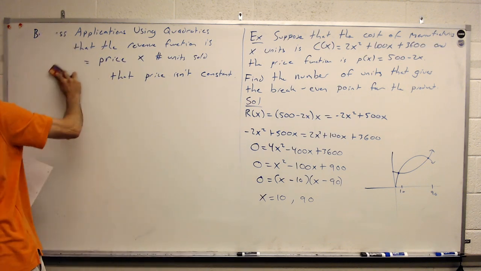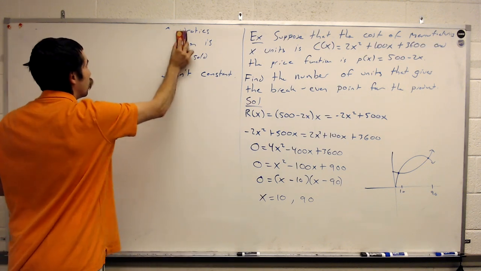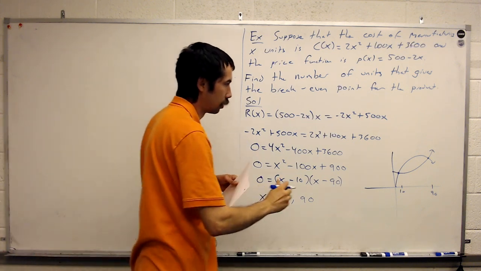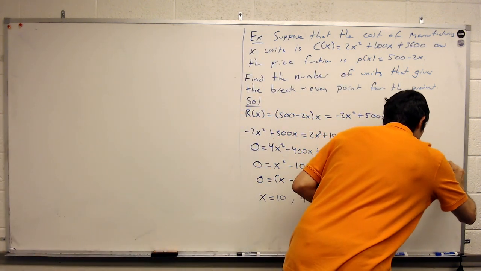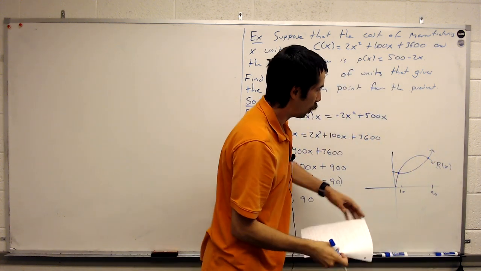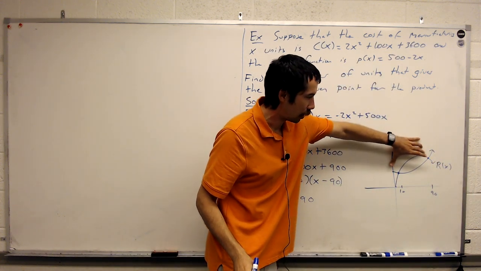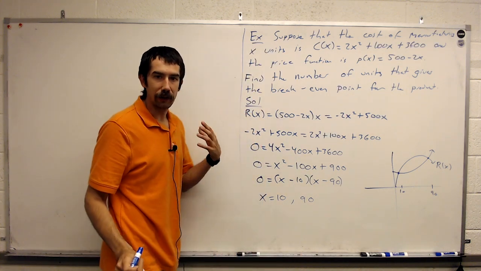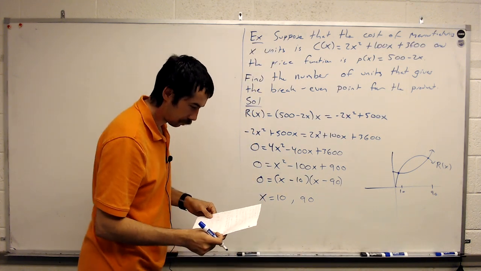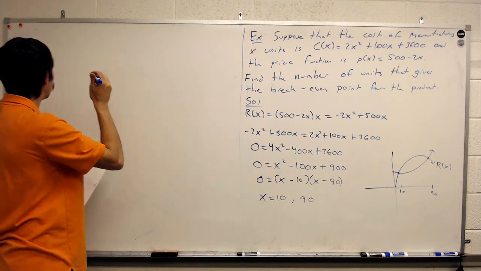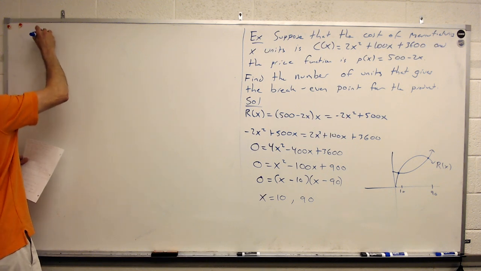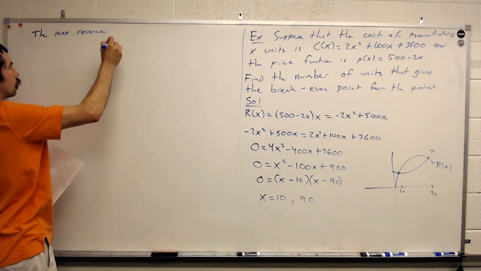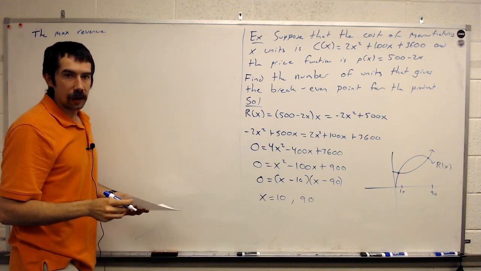All right, so let's just continue this example. Let's find, right, we see that our revenue function is a parabola that's opening downwards. So its vertex is a maximum. So the maximum revenue, how do we find that?